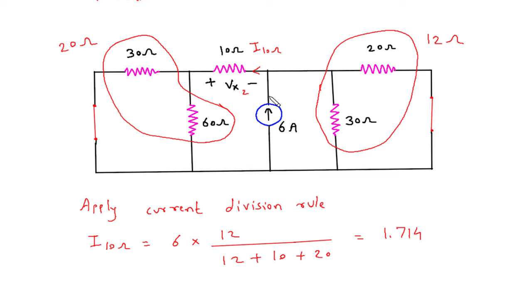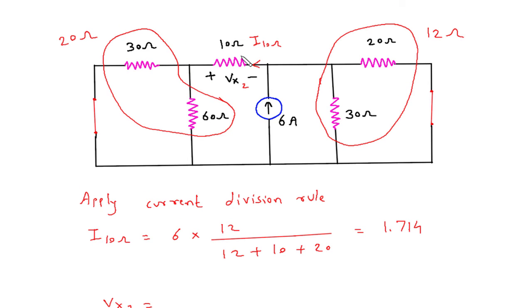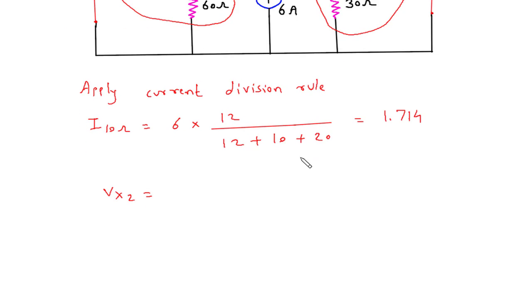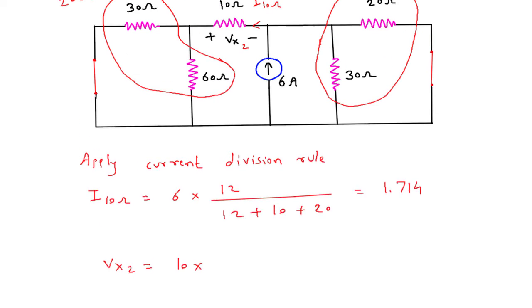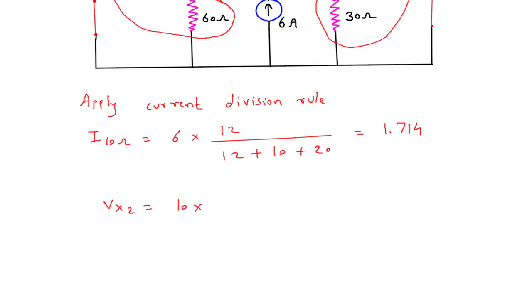Now we have to find Vx2. So Vx2 is equal to current into resistance. The resistance is 10 ohm and the current is I 10 ohm. But the direction of the current is opposite to the polarity of this Vx2, so this will be minus I 10 ohm.